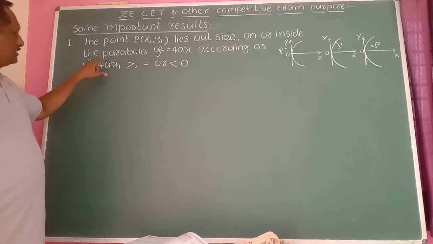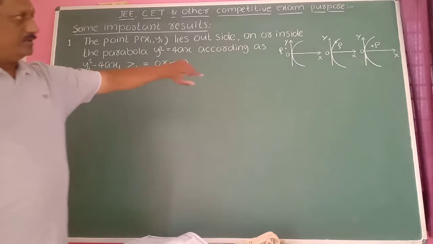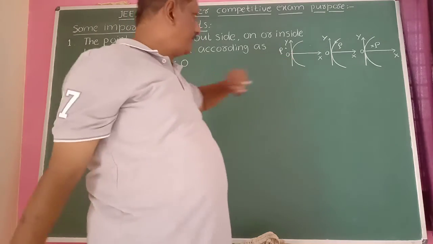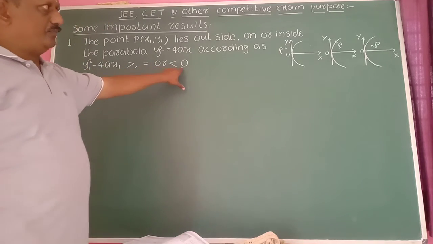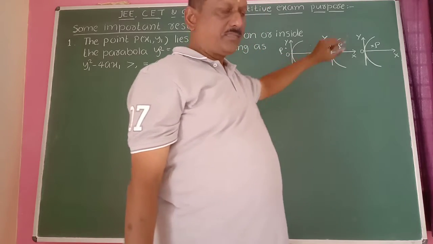If this value is greater than 0, then the point P lies outside the parabola. Suppose this value is equal to 0, then the point P lies on the parabola.